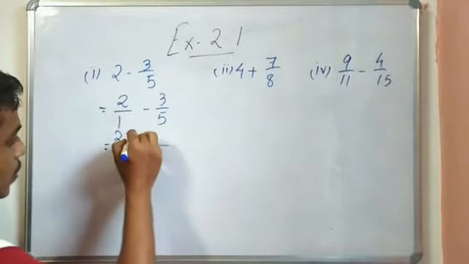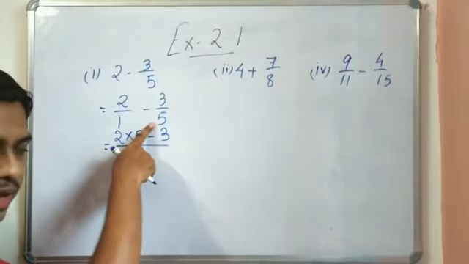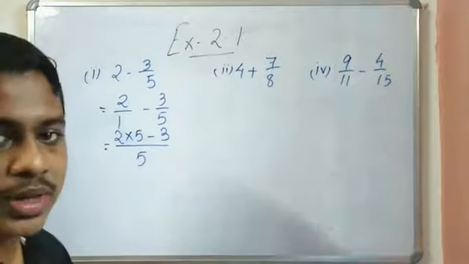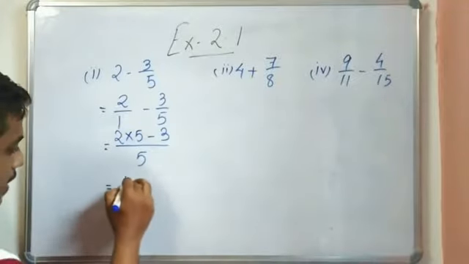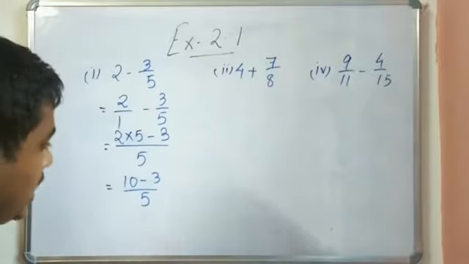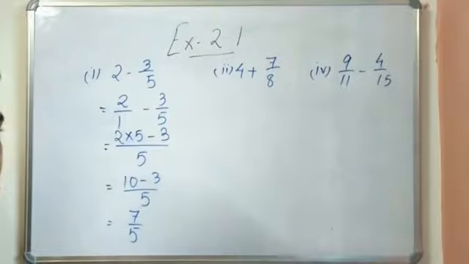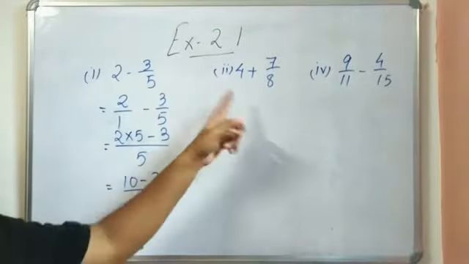So it is 2 into 5 minus 3. Here there is already 5, so no change is needed. So it will be 10 minus 3 divided by 5. 10 minus 3 is 7 by 5. This is your answer. This is one way of doing it. I will show the other way now.